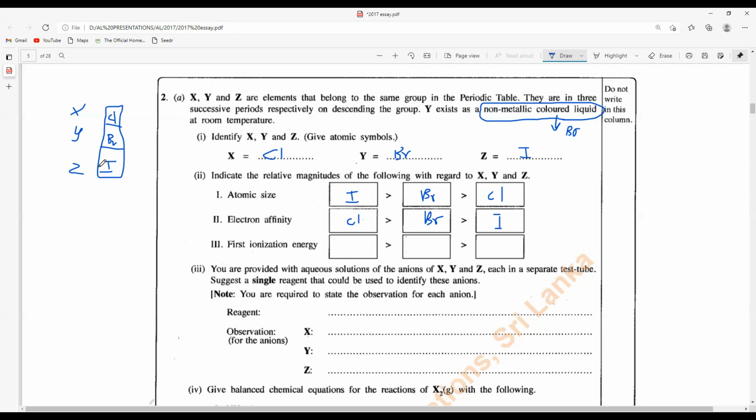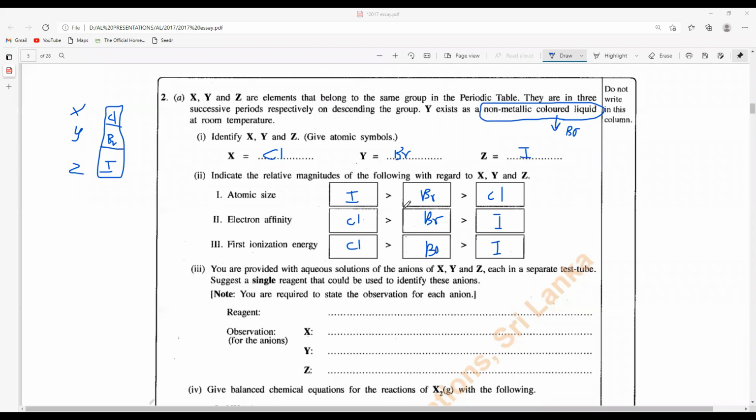So this would be the easiest one to remove. The lowest would be iodine, then bromine, and then chlorine, right? So this would be the trend, okay? Right, so the first part is done.